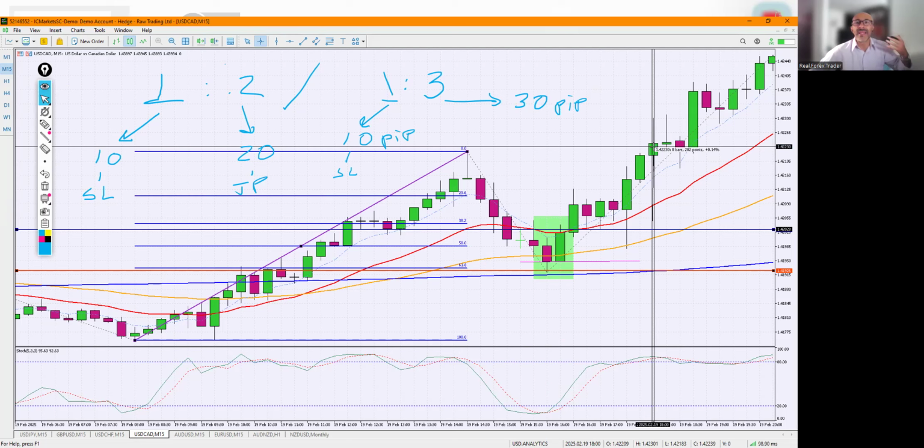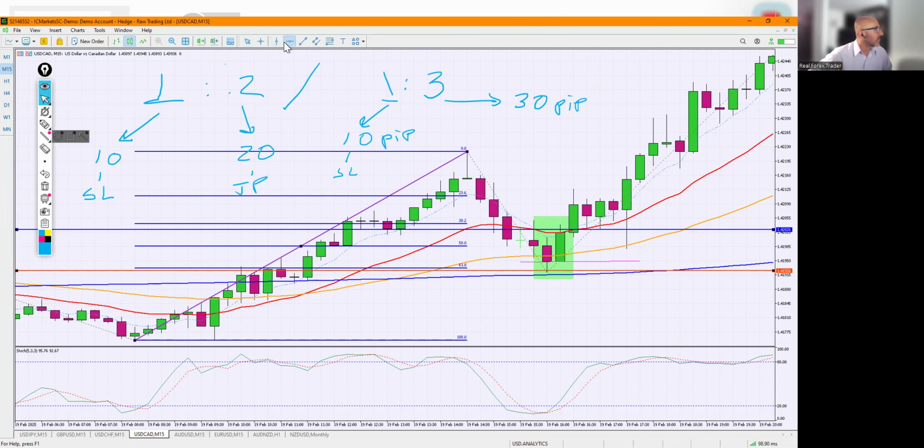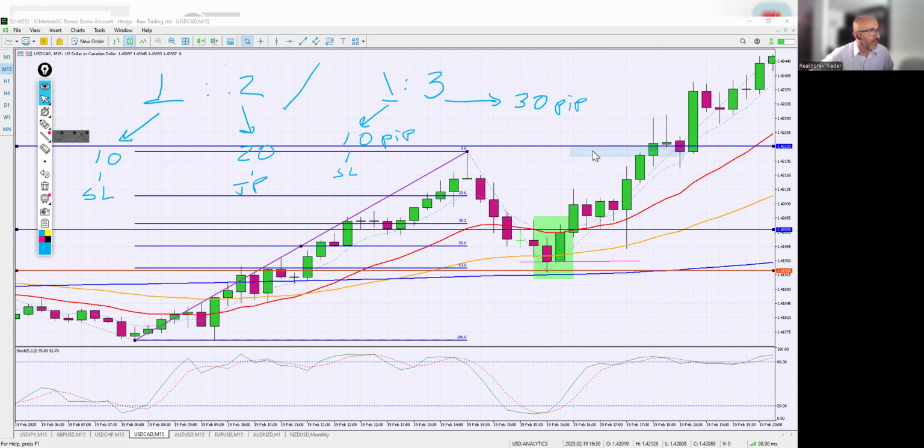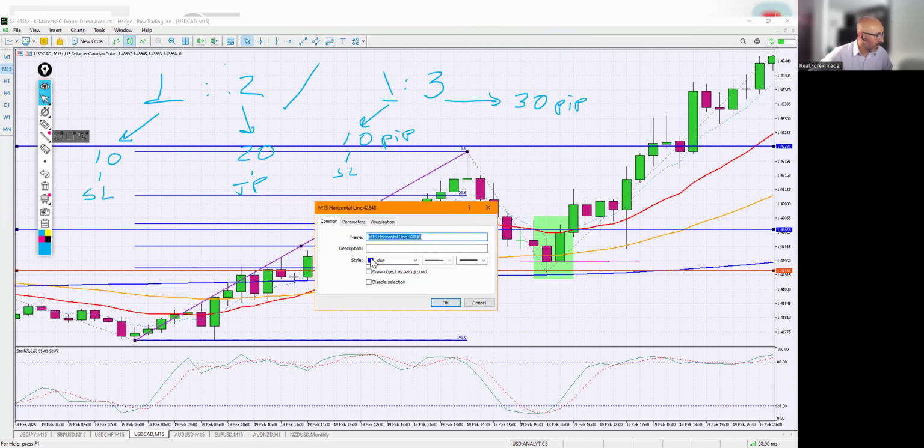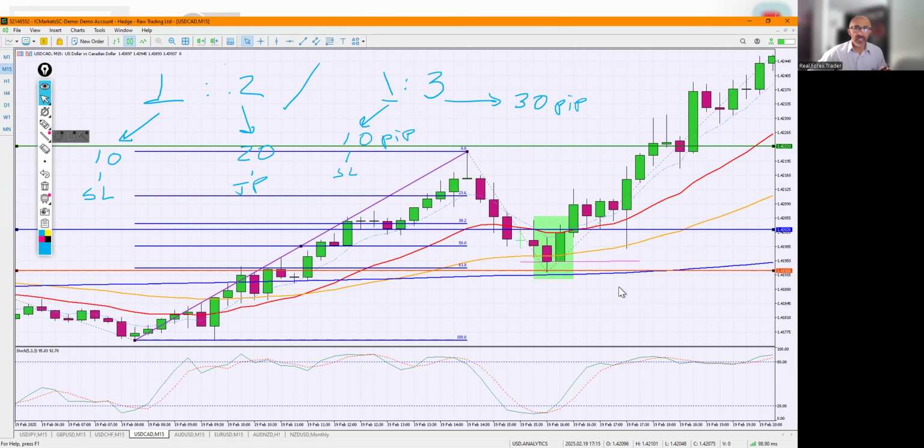I am being realistic, right? So I would set my take profit slightly above the previous higher high in order to attain or looking for 20 pips.